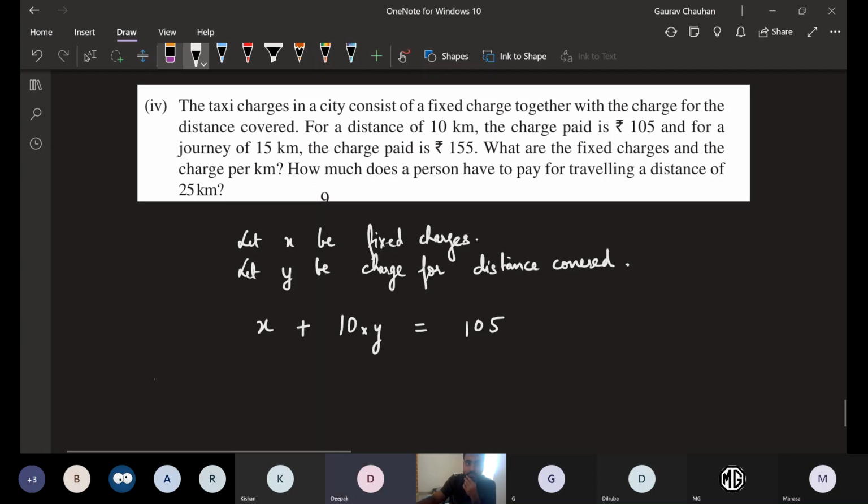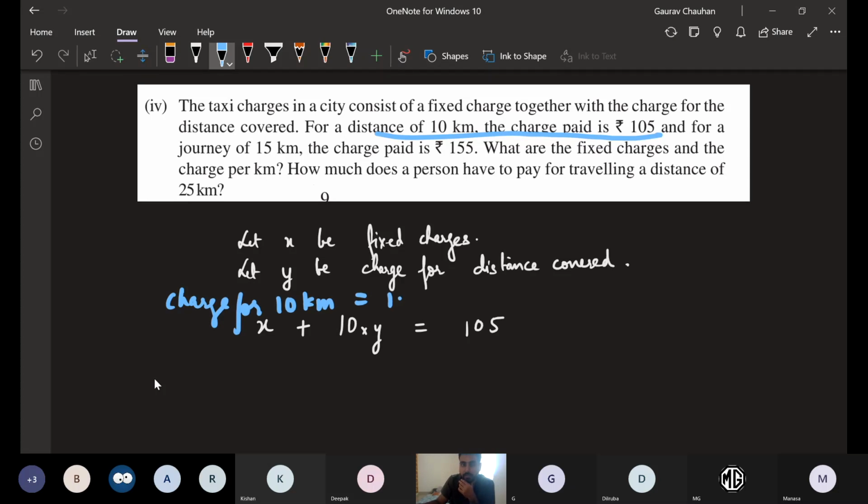Very good. So this is charge for 10 kilometers is equal to rupees 105. So that blue statement I'm writing in blue here.